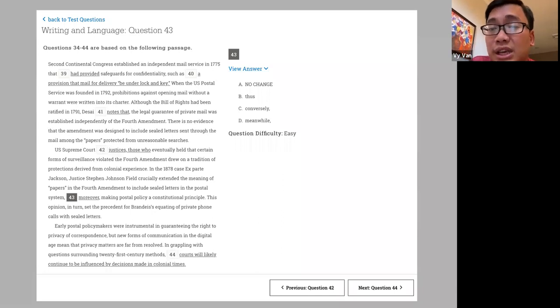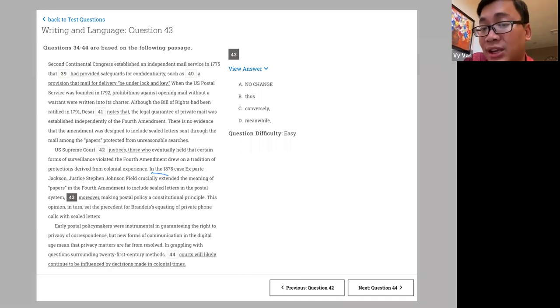Okay, so this is a transitional word type question, transitions. So we just have to read what's before and what's after, okay? Let's start reading from here. In the 1878 case, Ex parte Jackson, Justice Stephen Johnson Field crucially extended the meaning of papers in the Fourth Amendment to include sealed letters in the postal system, making postal privacy a constitutional principle.